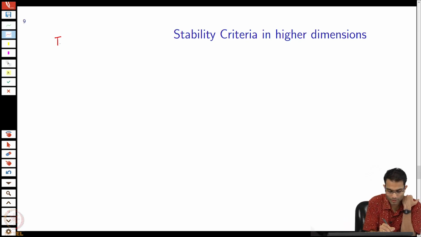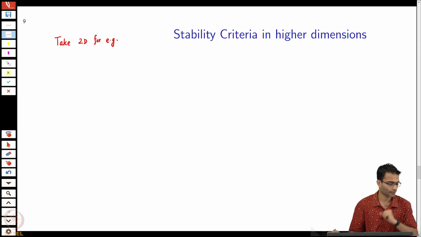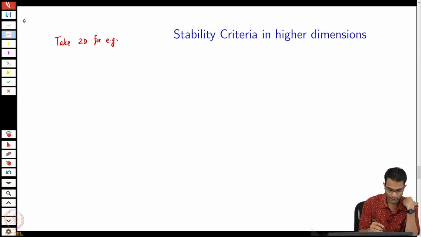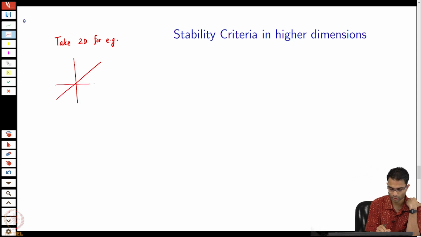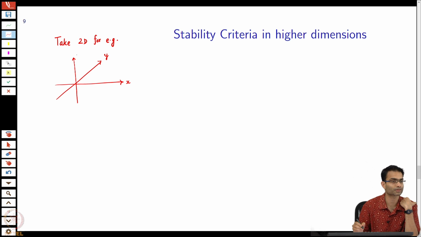So let's take 2D for example. So I have to try to draw something in 3D. So this is my x, y. What should this axis be?